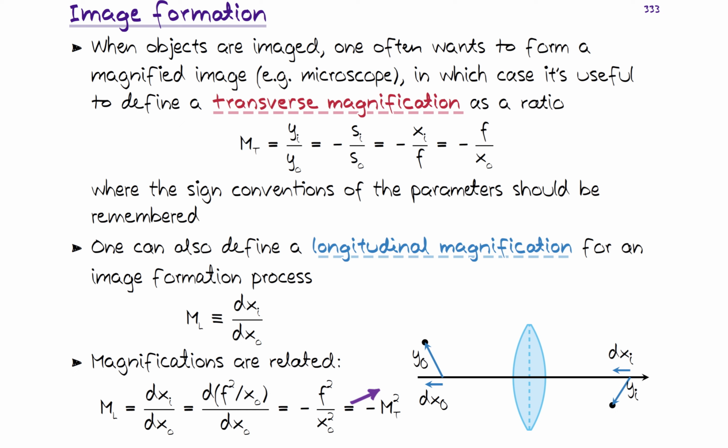For example, if you do photography, maybe you're familiar with the bokeh effect, essentially that you take a picture of some object, and then only the object is sharp, and the background is blurry, and the front of the object is blurry. So that's where we're seeing this longitudinal magnification come into play.